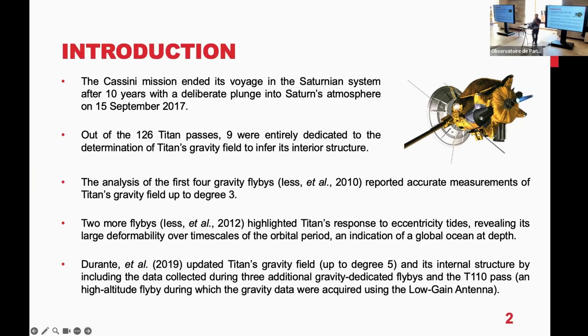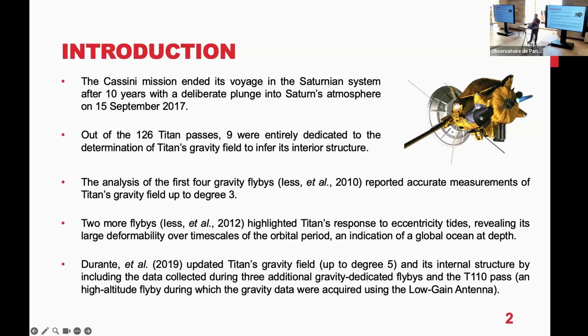During these passes, the high-gain antenna of Cassini was pointed toward the Earth in order to collect radiometric data, which were then used to determine the trajectory of Cassini and thus the gravity field of the moon. The first analyses of the gravity data were performed when Cassini was still collecting data.